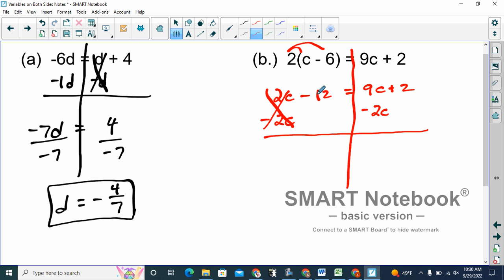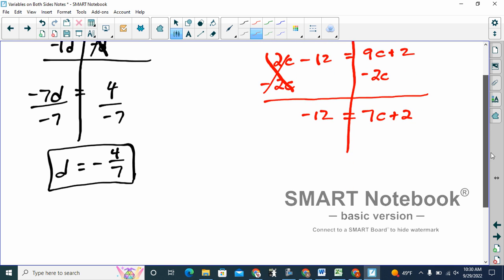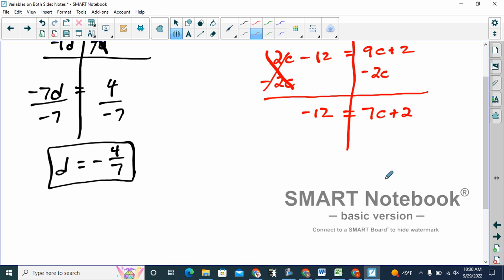2c minus 2c cancels. I'm going to bring down my minus 12. 9c minus 2c is 7c plus 2. Now we have a two-step equation. 7c plus 2. Last thing that happened was the plus 2.